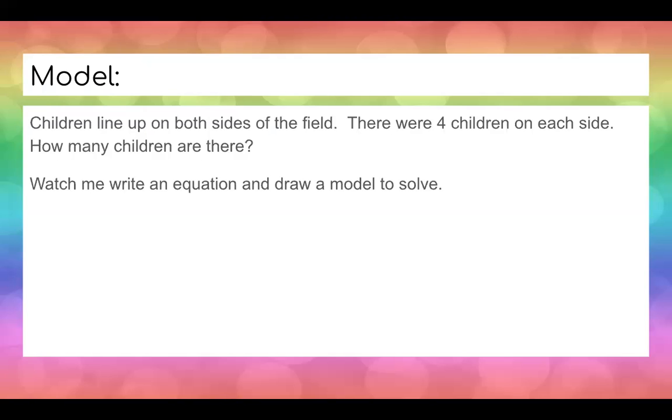Let me read the problem one more time. Be thinking. Children line up on both sides of the field. There were 4 children on each side. How many children are there?